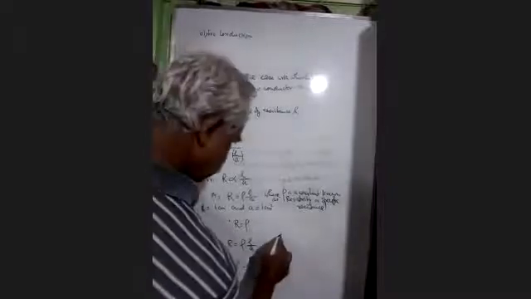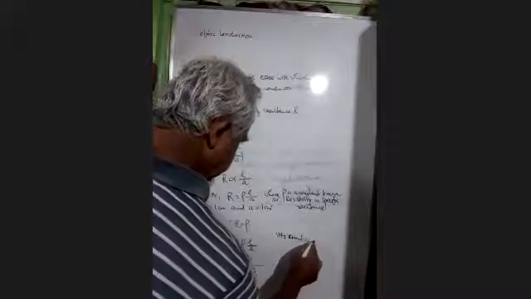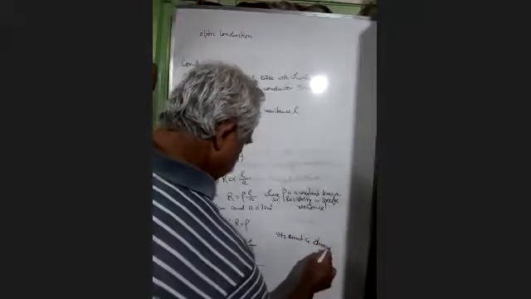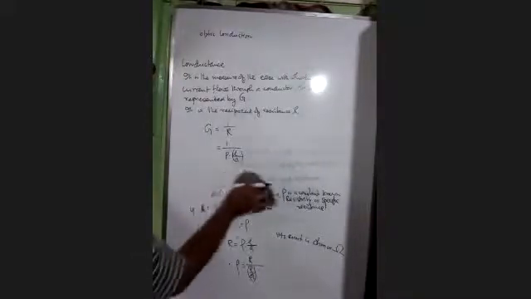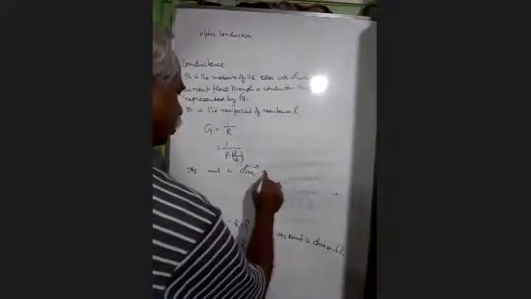See, the unit of resistance is ohm, or omega. What will be the unit of conductance? Its unit is ohm inverse.